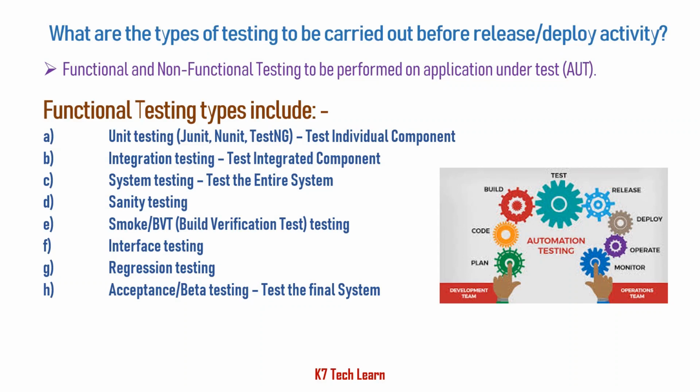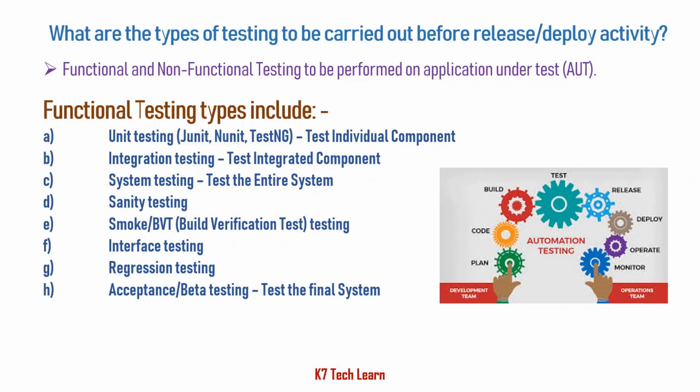For unit testing, we'll be using the tools JUnit, NUnit, and TestNG. It is used to test individual components. Integration testing is used to test integrated components. System testing is used to test the entire system. We'll be covering all these topics in later sessions.